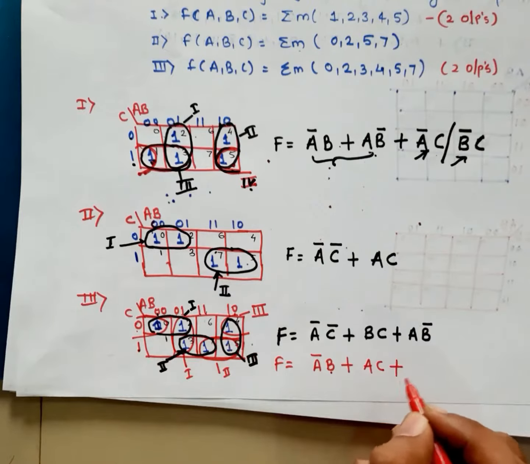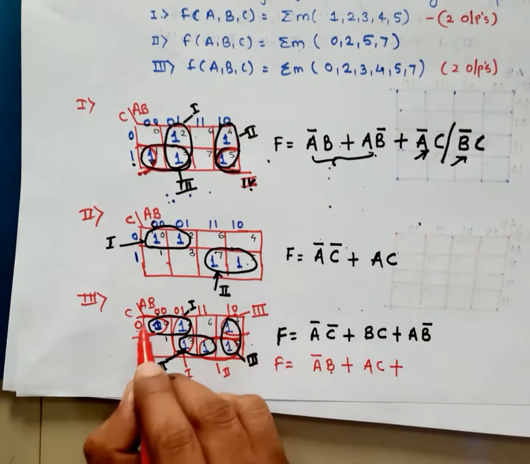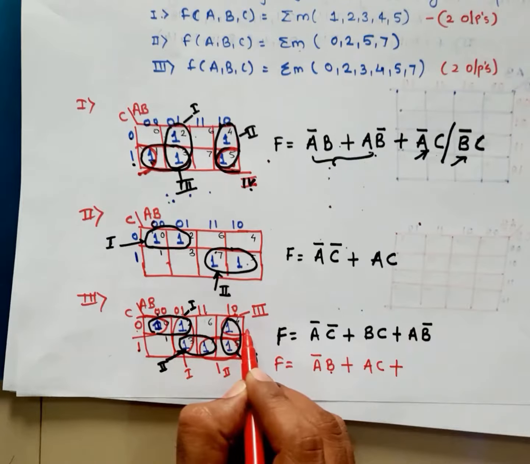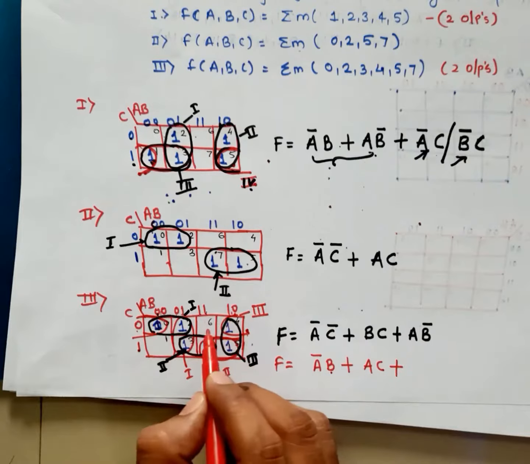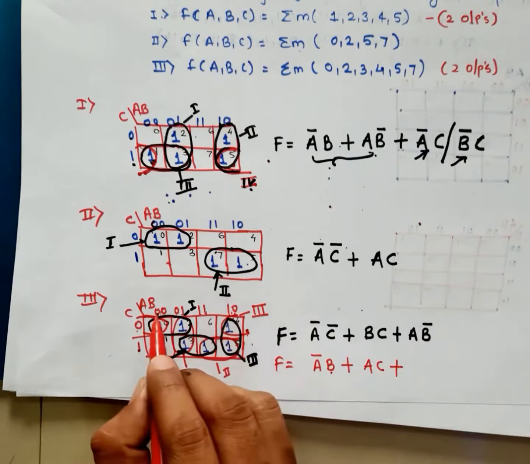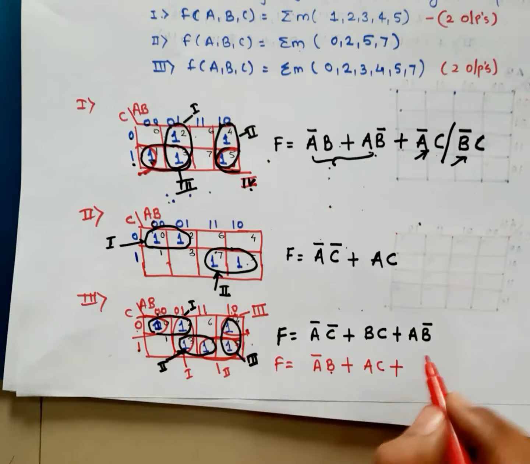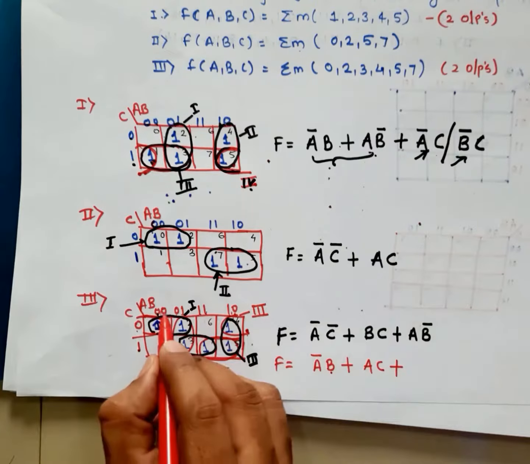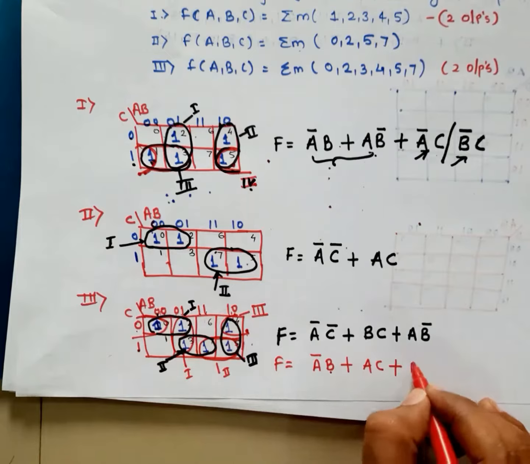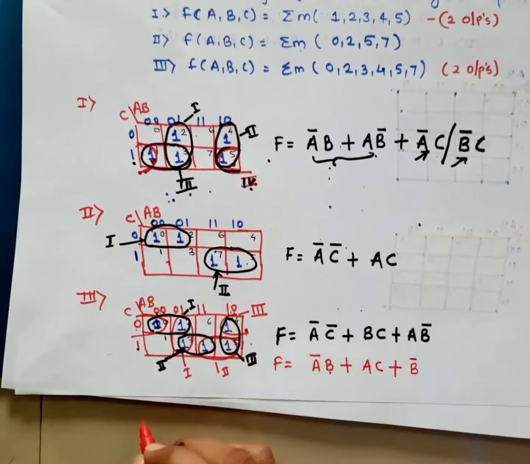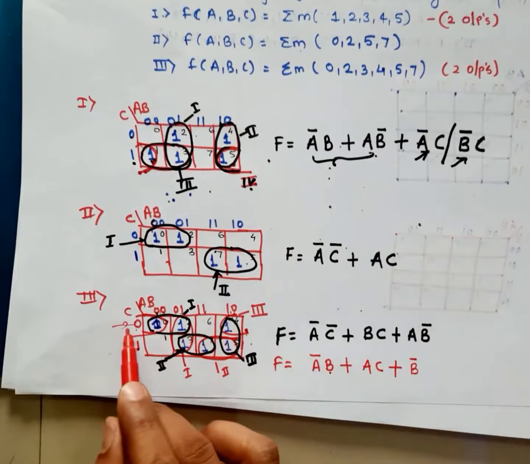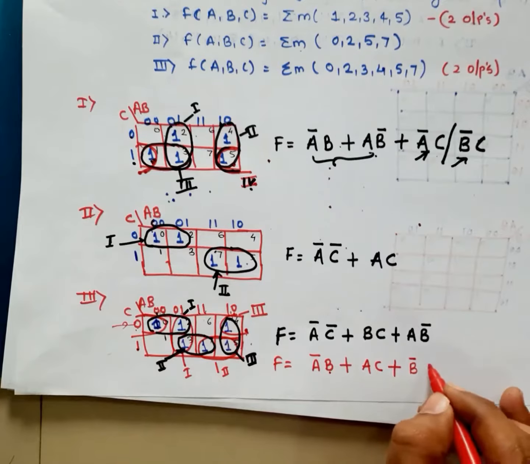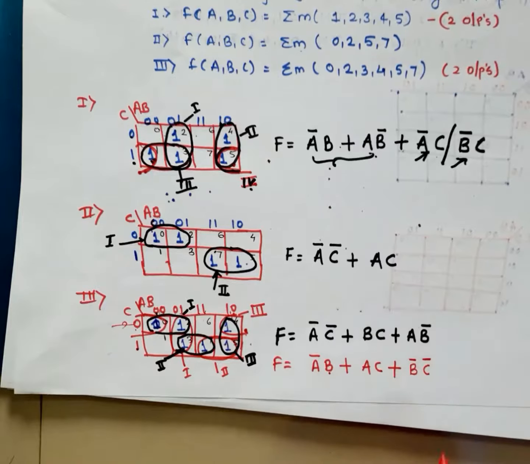Next, third, these two adjacent cells, 0 and 4, a group of 0 and 4 cells. So the first column and the second last column are considered. The value of A is 0 and 1, so it gets eliminated. The value of B is 0 0, so 0 0 means B bar, and only one row is considered. The value for this row is 0 for C, so it's C bar.